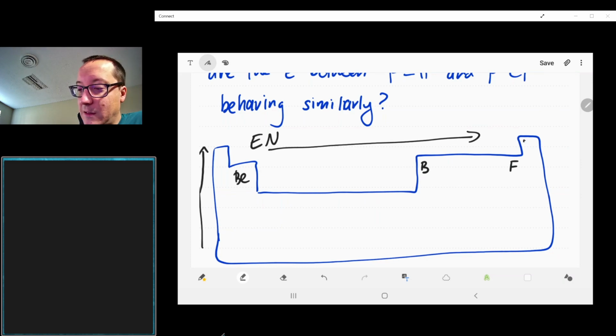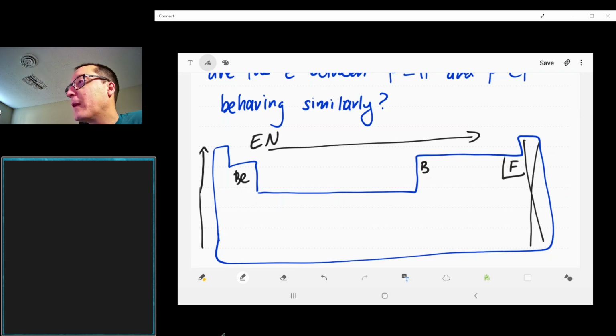We don't typically include the noble gases in this because they don't usually make covalent bonds, because they already have full electron shells. They don't need to make bonds. So we're going to see that fluorine is going to be our most electronegative element on the periodic table that we typically talk about.